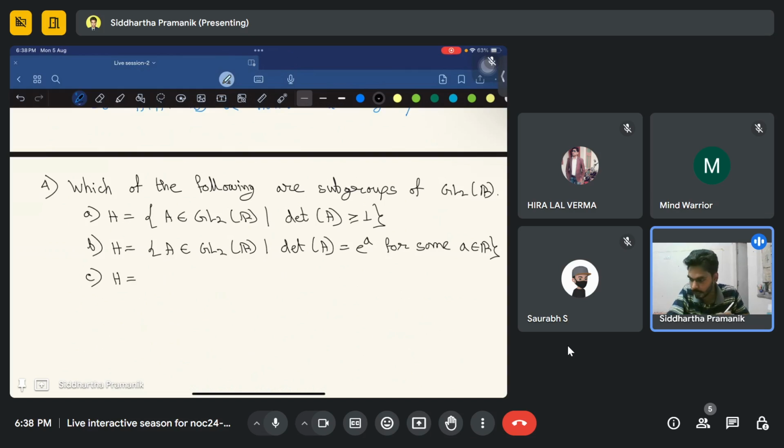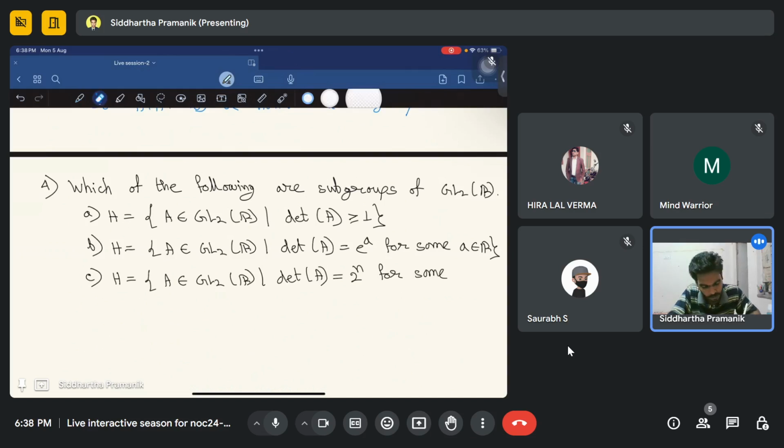And the third one is A belonging to GL2R such that determinant of A equals 2 to the power n for some non-negative integer n.